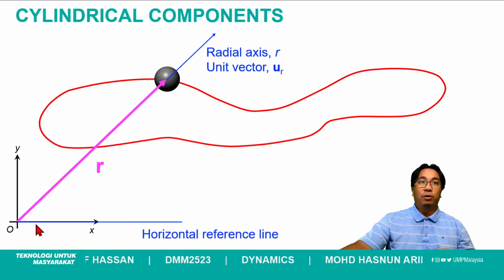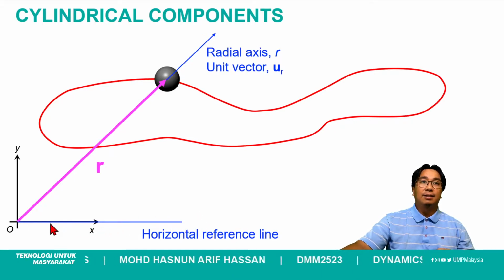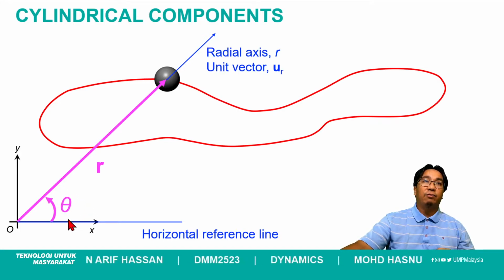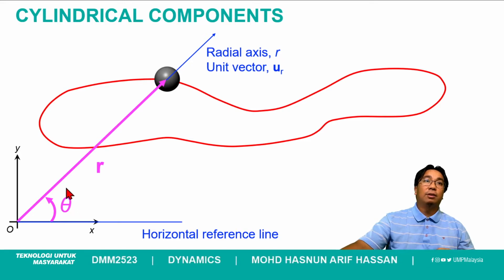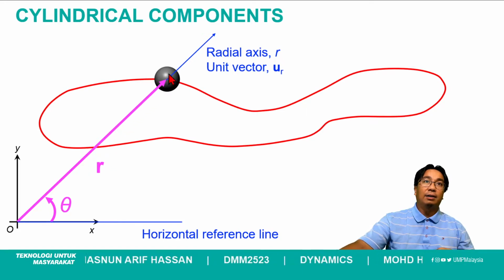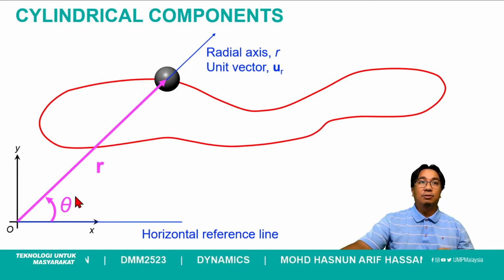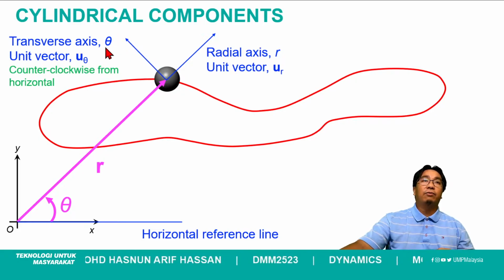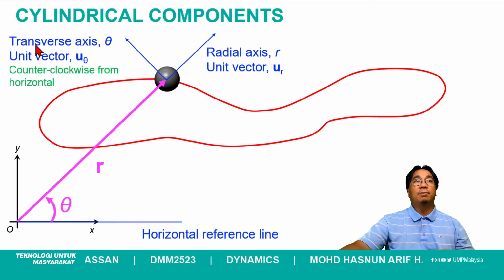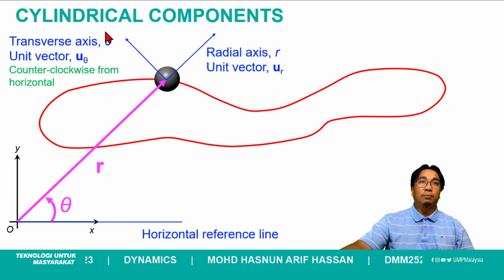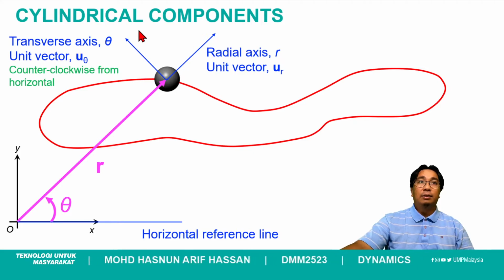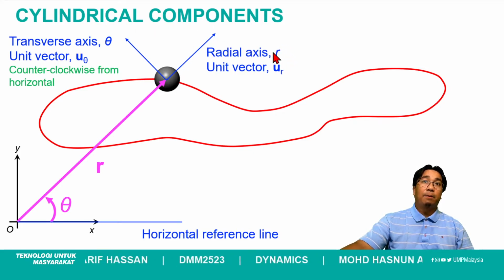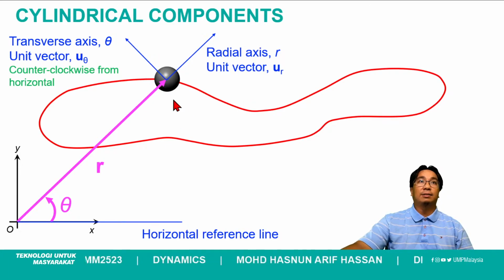Before that we have our horizontal reference line taken from the x-axis, and then from the horizontal reference line we can have the angle theta from horizontal to the position vector, to the radial axis. Position vector R is the same line as the radial axis. So this will be our angle theta. And then 90 degrees to the radial axis, we have the theta axis, ataupun kita panggil sebagai transverse axis, menggunakan simbol theta. So the cylindrical coordinate menggunakan R for radial axis and theta for transverse axis. Okay.